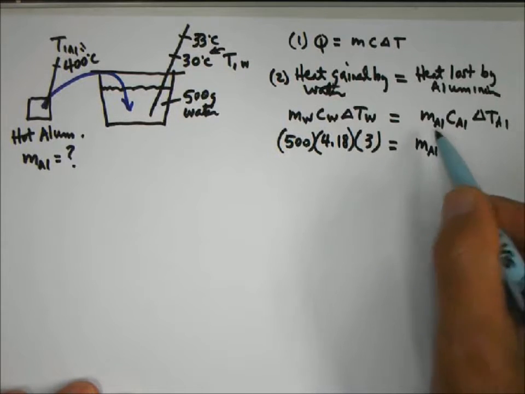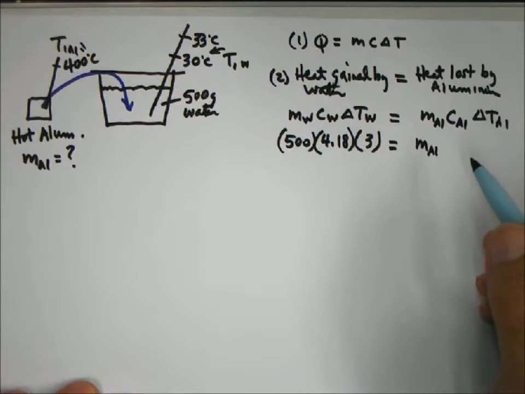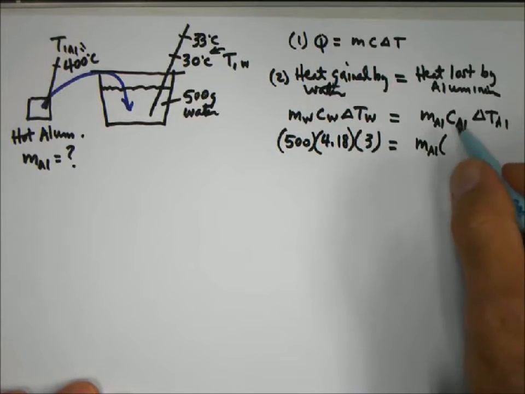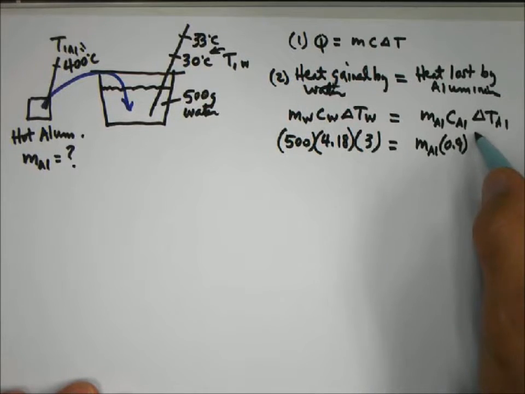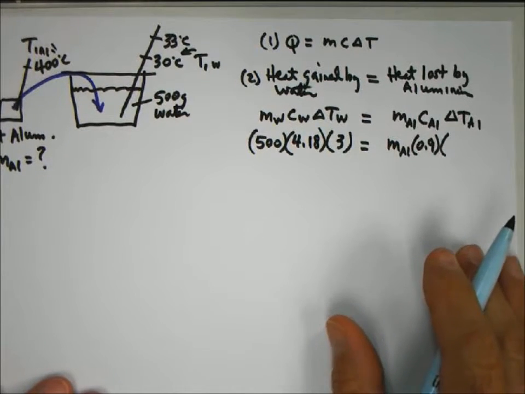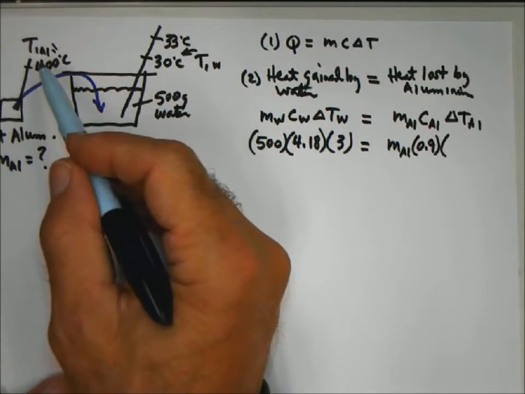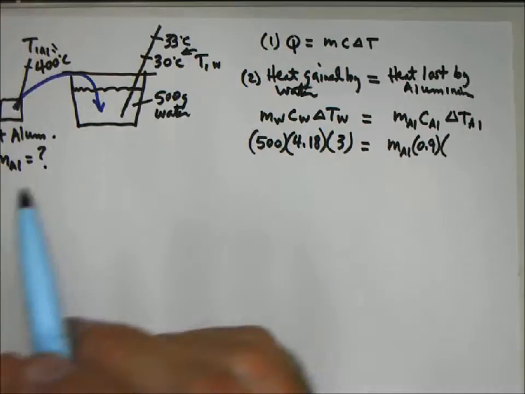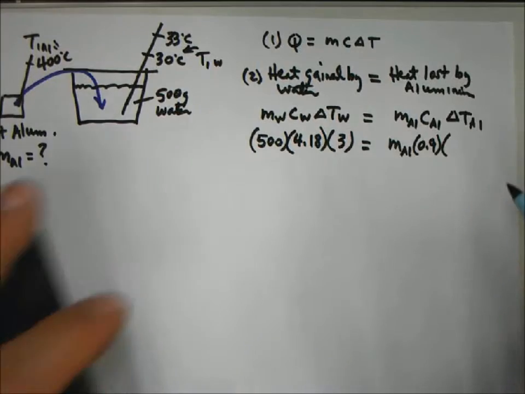Now, on the other side, we don't know what the mass of the aluminum is, so we're going to have to leave that as just m. But we do know from the previous page what the specific heat of the aluminum is. That's 0.9 joules per gram Celsius. And we can figure out what the change in temperature of the aluminum is, because it started out at 400 and it cooled down to 33.